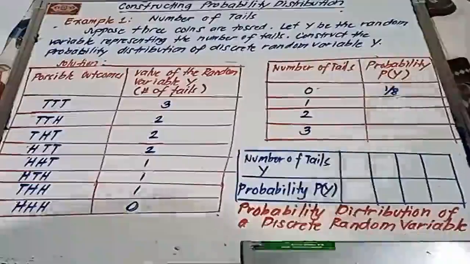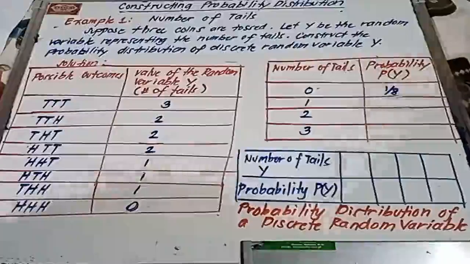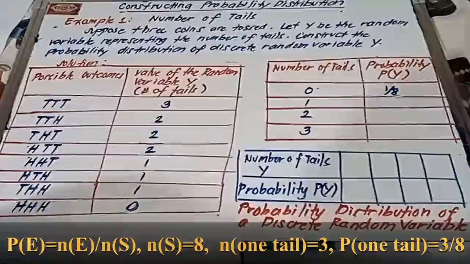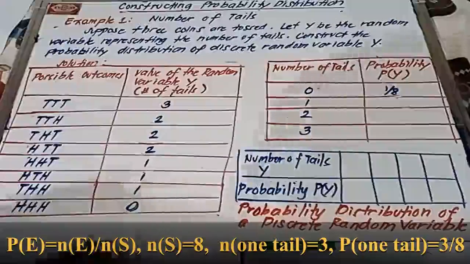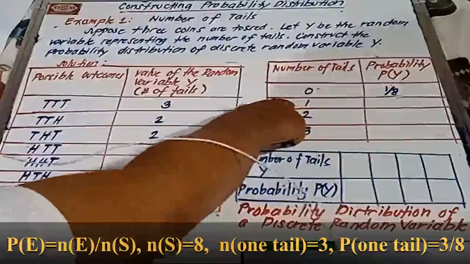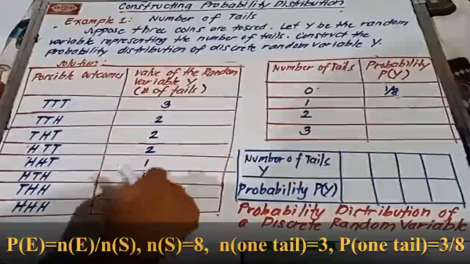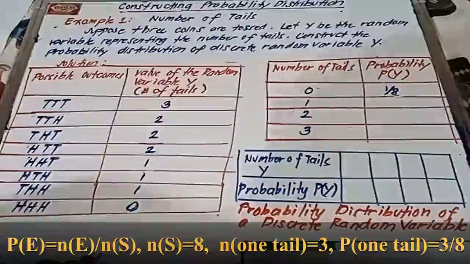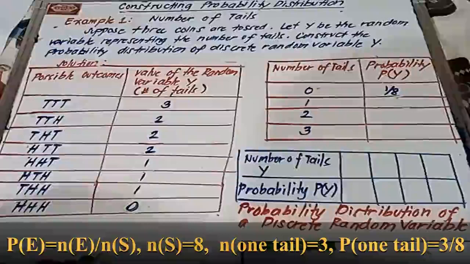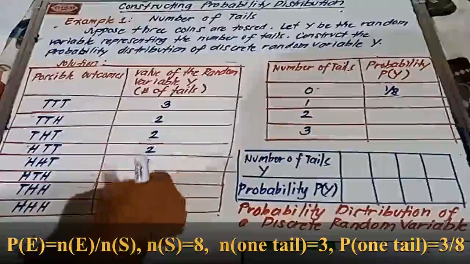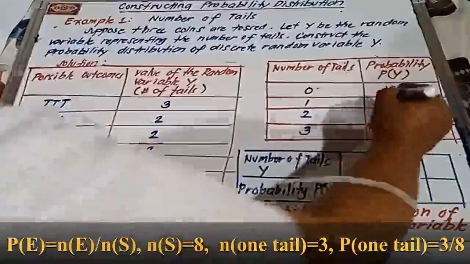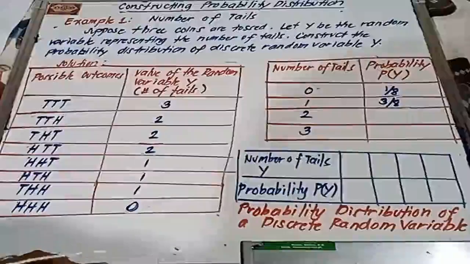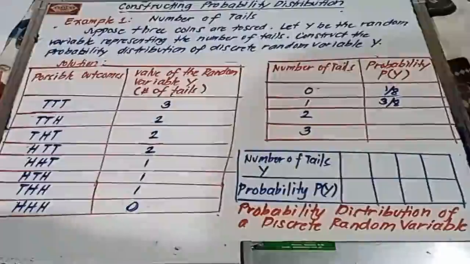Okay. How about the next one? 1. So, again, ano ba yung chance na pag-toss ng coin, lalabas ay isang tail lamang? Okay? At meron tayong tatlong elements na sa pag-toss ng coin, one tail ang lalabas. So, therefore, ang probability is 3/8. Ano naman yung probability na 2 tails ang lalabas?